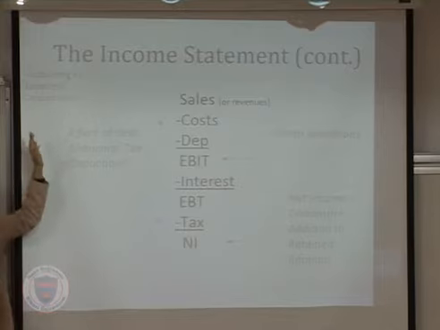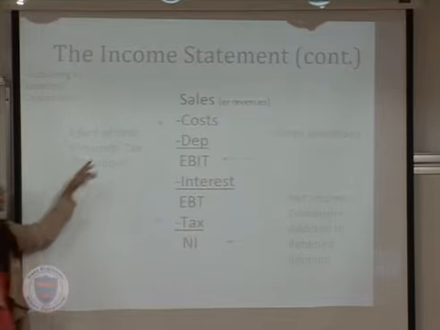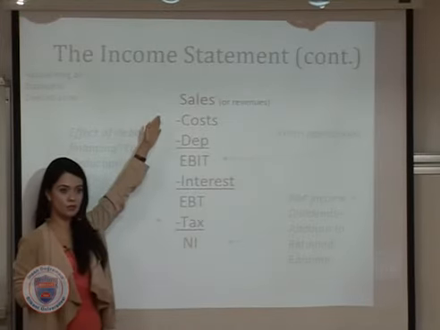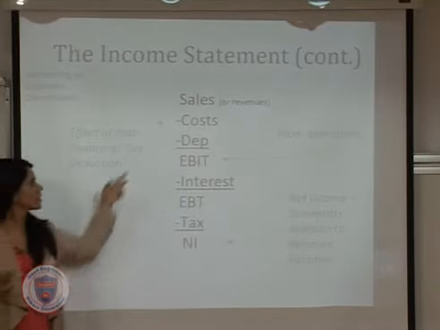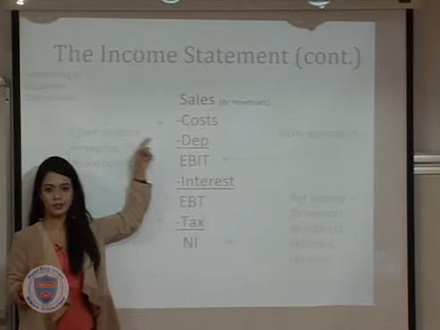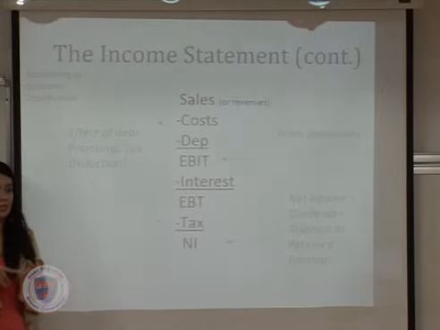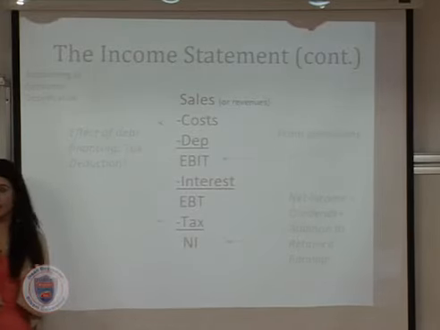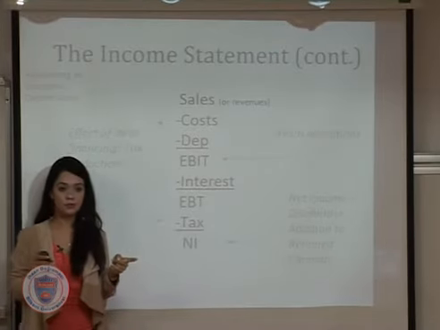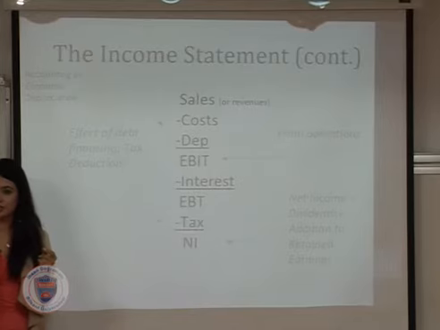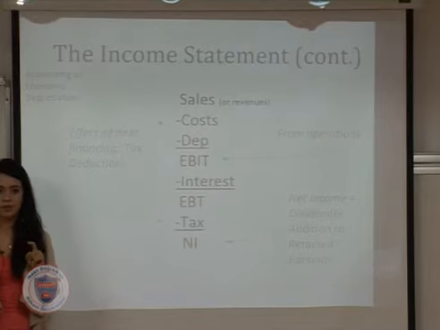This is the very basic structure of an income statement. You start with sales or revenues. How many items you sold, at what price. You have costs, administrative costs, selling, general, and administrative expenses is one thing. Any kind of cost goes there. You have depreciation. What is depreciation? The value, year by year, of the product.